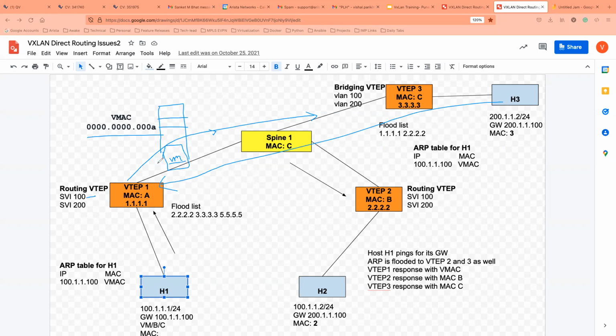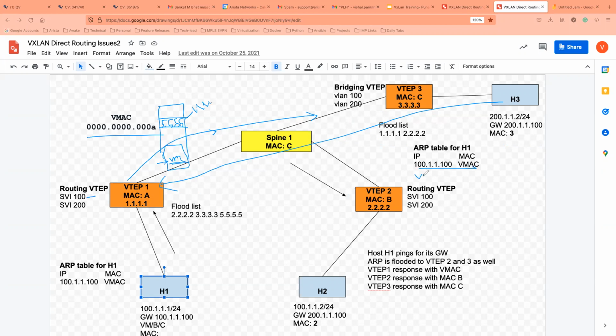If your sender IP or source MAC is the virtual MAC, the outer IP also should be virtual. That means VTEP IP 5.5.5.5, and not 1.1.1.1. Because if you send with 1.1.1.1, here again you will see the VXLAN address table flap.